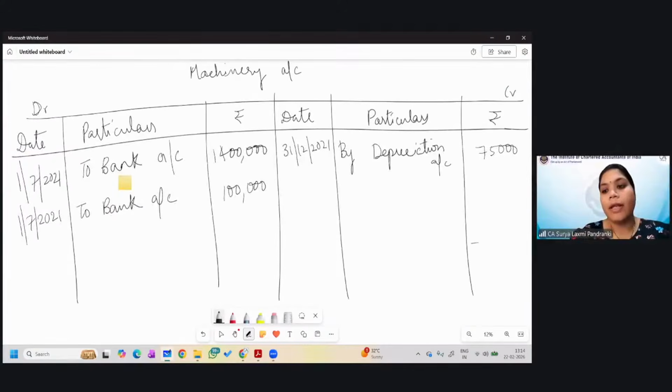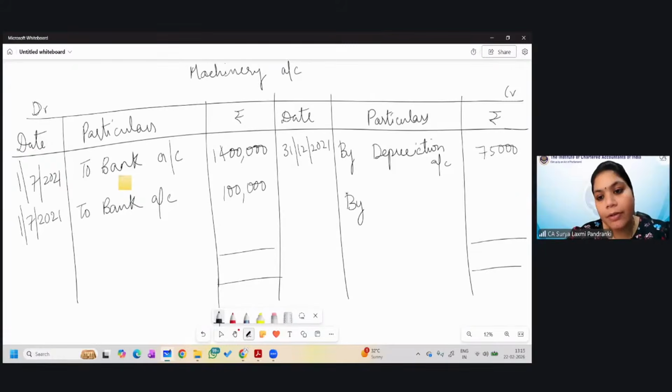Now let me close this account. Balance will be on the debit side or credit side? Balancing figure on the debit side or credit side? Okay, credit.